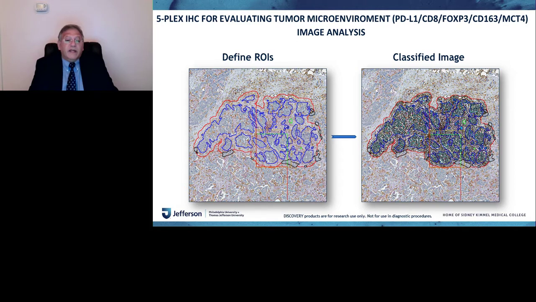So what we do basically is you have to define your regions of interest. You have to annotate your slide in the Visiopharm platform, apply your algorithm, and you're going to have a classified image after the algorithm is run properly.